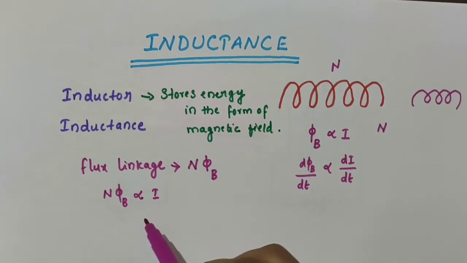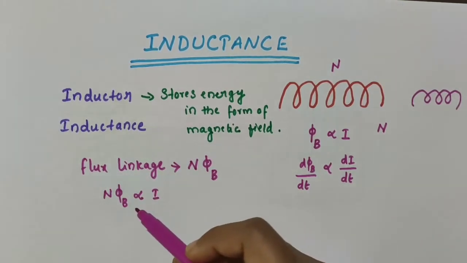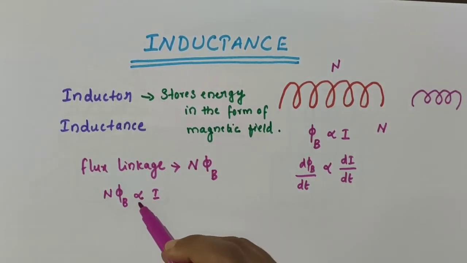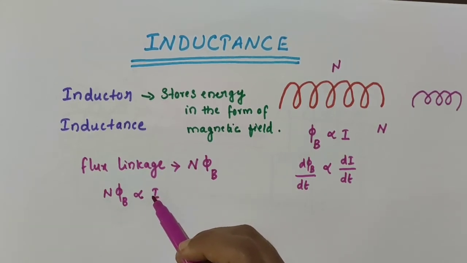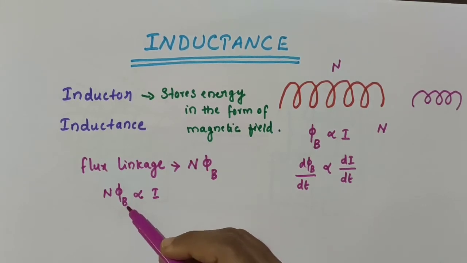When we write this relation, it is actually a proportionality relation: this is proportional to this. But when we write it in the form of an equation, there will be some constant of proportionality.